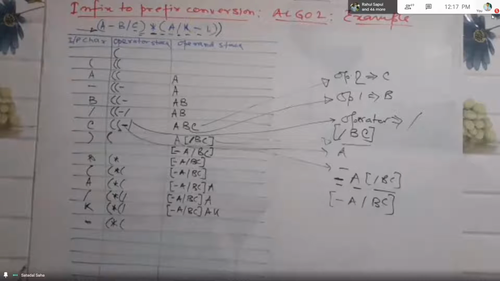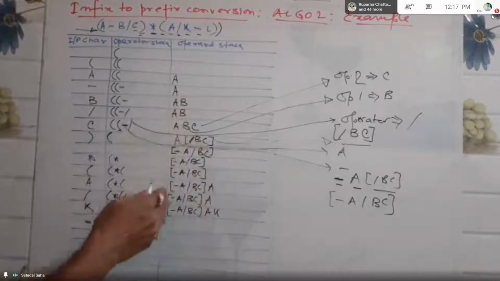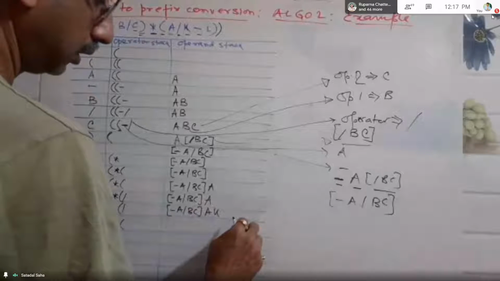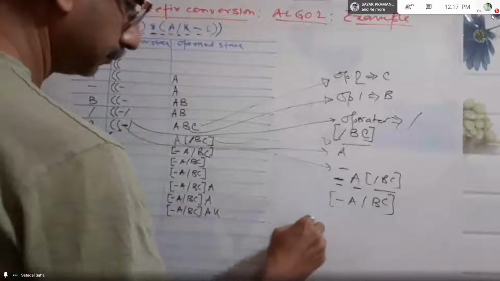So you cannot push this minus sign over this division sign. So first you need to pop this division. So what is to be done? So first this K is to be popped. Okay, what is done? Like previous one. First this K is to be popped, so K is out.